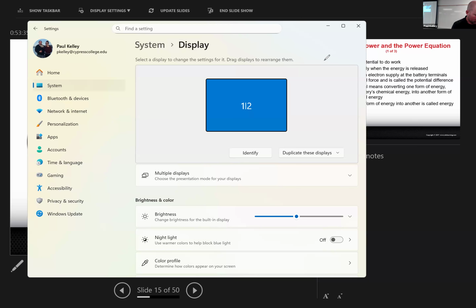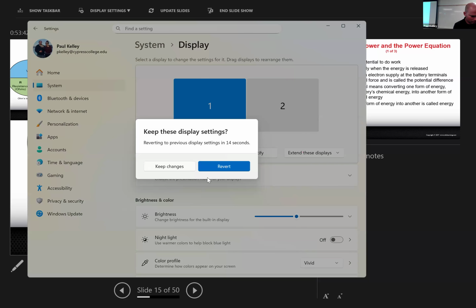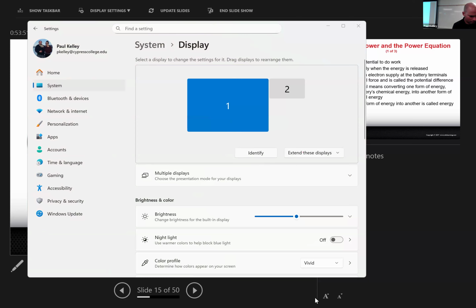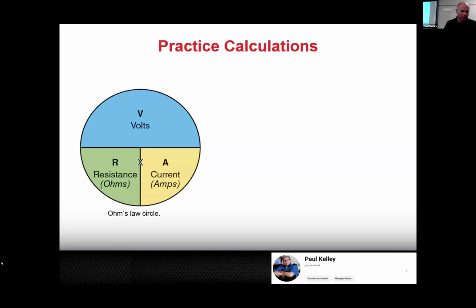I got to get rid of annotate. Extend. Boom. Just like that. Keep. And we're going to share screen 2. That wasn't that hard, but was it a little fun? No, you hated it. Don't lie to me. I know you hated it. That's fine. We're going to do it anyway.